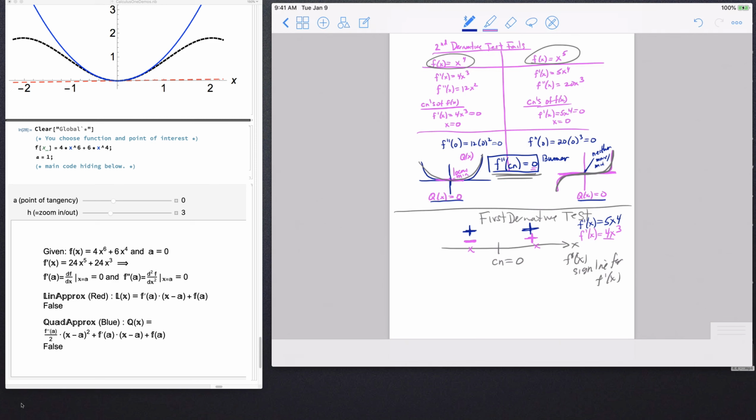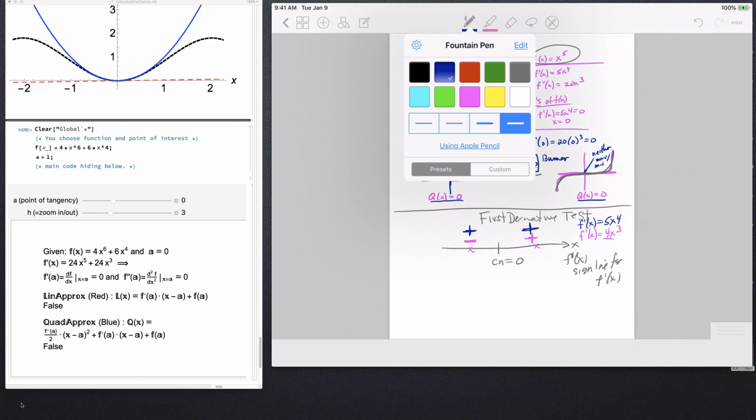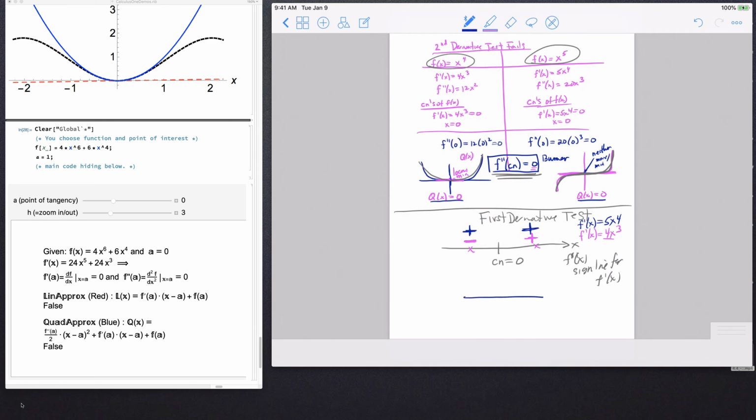So what does this indicate about the function itself? Okay, so if we look at a graph, a line for the function, and you put 0 as the critical value, you can see that the first derivative coming out negative and positive indicates that the function x to the fourth is decreasing on the interval negative infinity to 0, but the derivative comes out positive on 0 to infinity, so the function seems to be increasing.